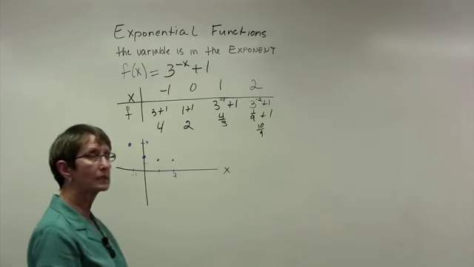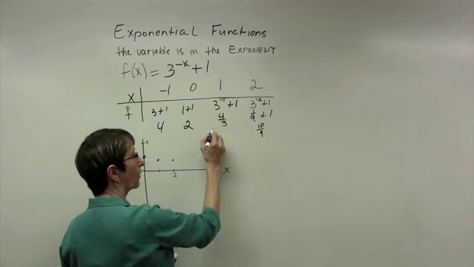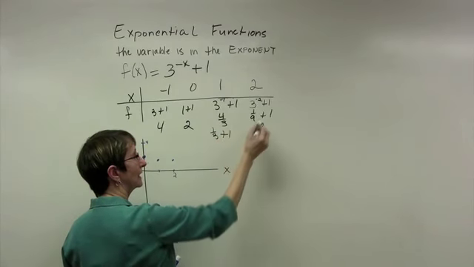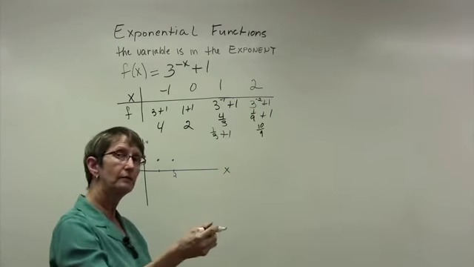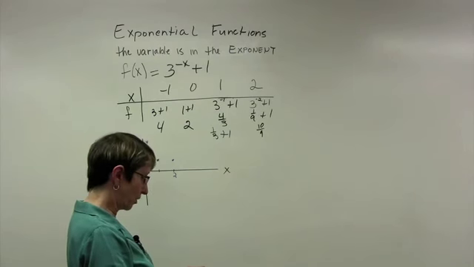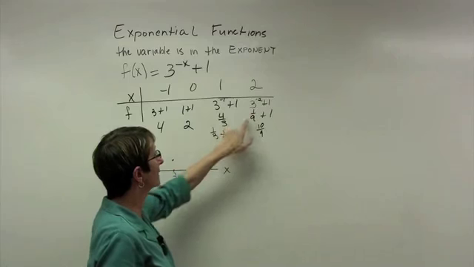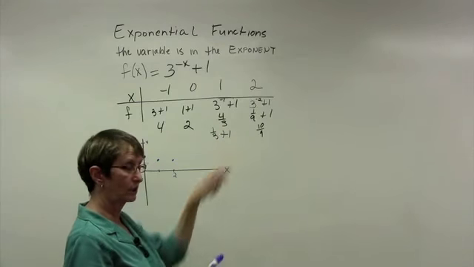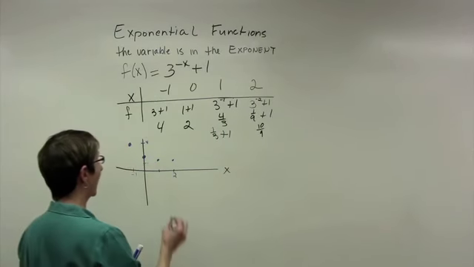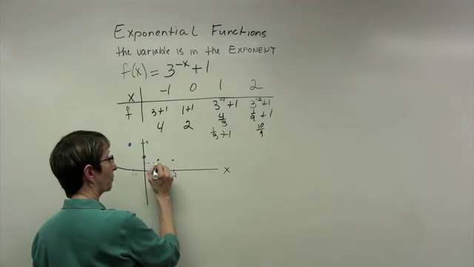But notice the way it's going. This was 1/3 plus 1. This is 1/9 plus 1. The plus 1 part is going to stay common, but the 3 to the negative x part each time is going to get smaller. So we can think that this one actually will level off at 1.